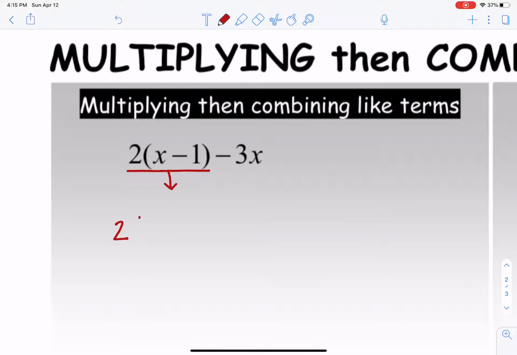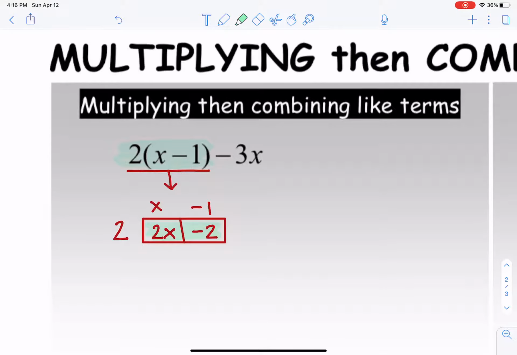So 2 on the outside of my rectangle, x minus 1 at the top. 2 times x is 2x. 2 times -1 is -2. So I know that 2 times x minus 1 is the same thing as 2x minus 2.